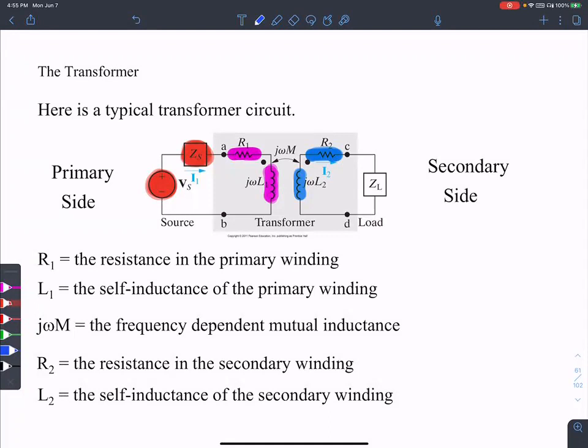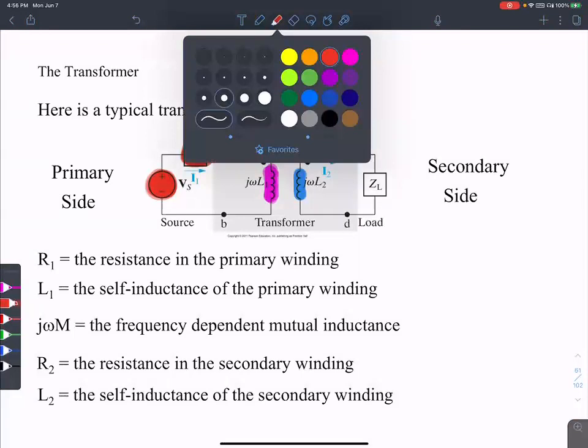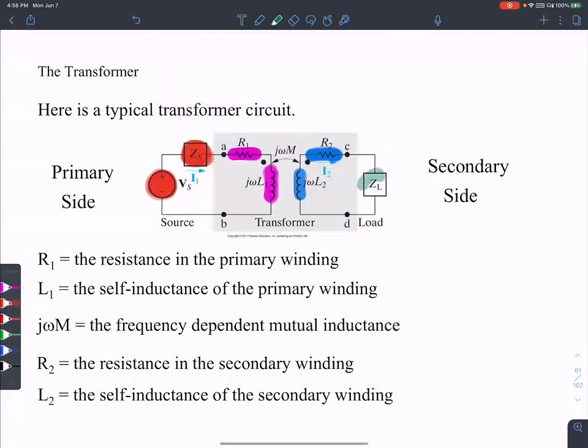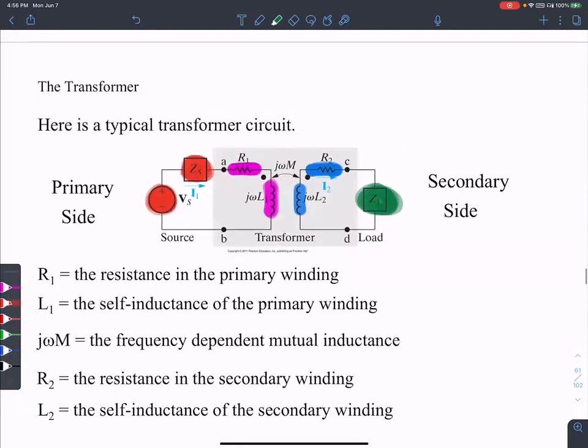So that's what we have as ZS here. Then the only circuit element that is remaining here that we did not yet visit is this guy, which is the load. This is the load that we are trying to deliver the power or voltage or current to. So this is the external circuit which we are trying to drive. Those are the different components.